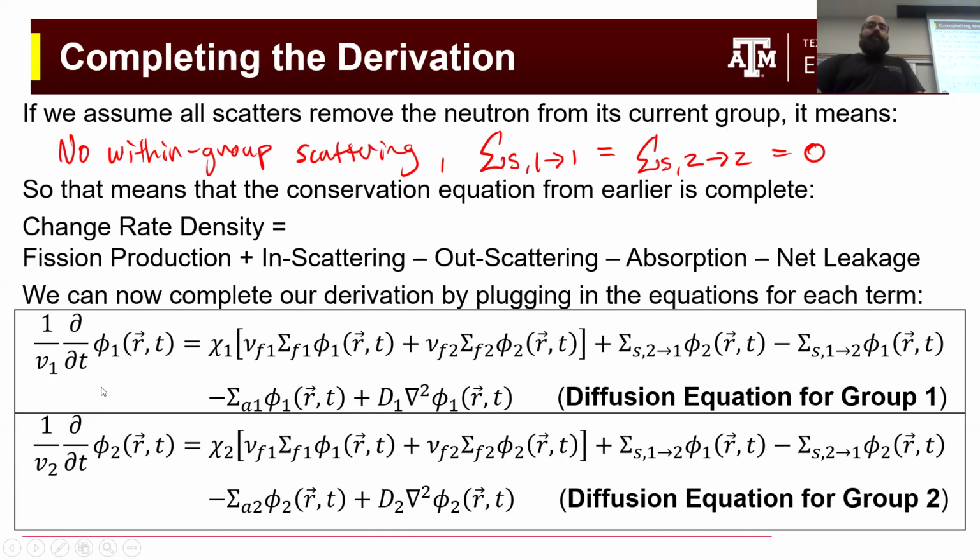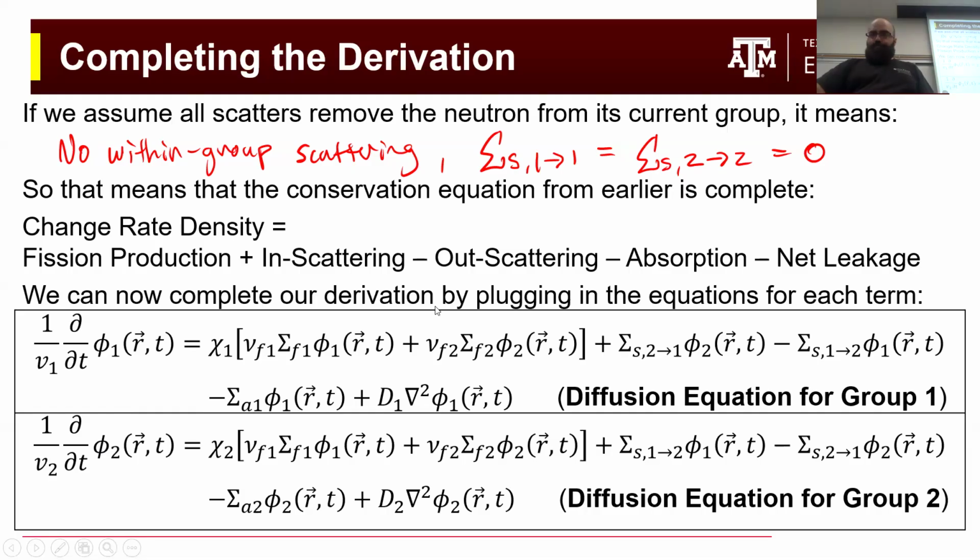And then we're also including the change rate density term up front, which looks just like it did in one group diffusion, but we have the subscript 1 to say this is the change rate density for group 1 neutrons, and this is the change rate density for my group 2 neutrons. So this right here is our two group diffusion equations.